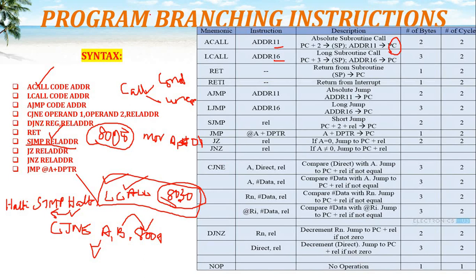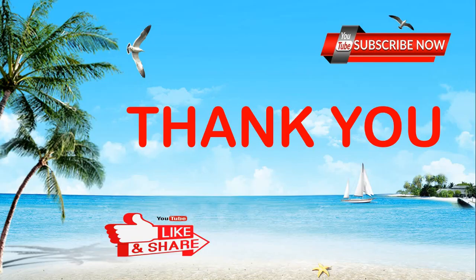These are all the program branching instructions. If I'm not going to perform any operations there, then I can use the no operation instruction also. These are the various types of instruction set we have in the 8051.